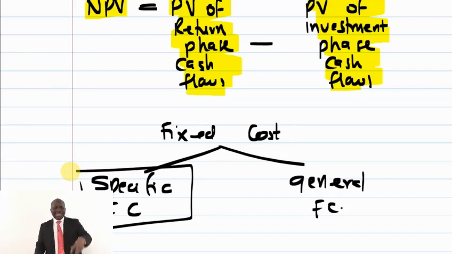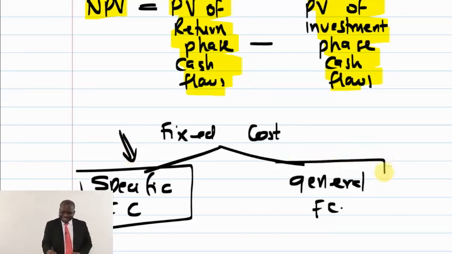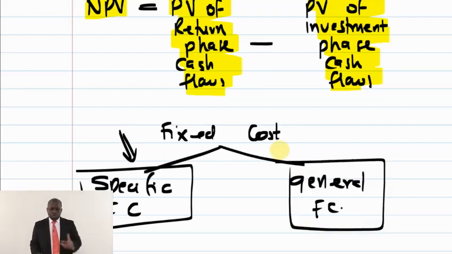And once it's incurred as a direct consequence of you taking that activity, obviously it becomes a relevant cash flow. So specific fixed cost is relevant, but general fixed cost will not be incurred as a direct consequence of you undertaking that particular project. And as a result of that, that general fixed cost becomes irrelevant.